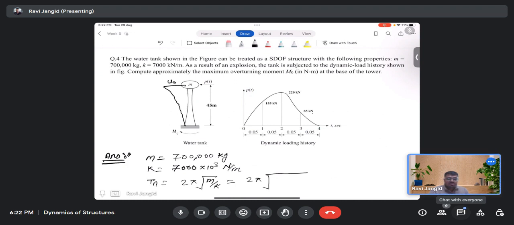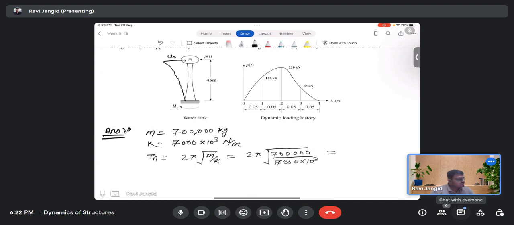So the time period is 1.986. Because omega n will be used further, please find omega n also. It is 3.163 radian per second.